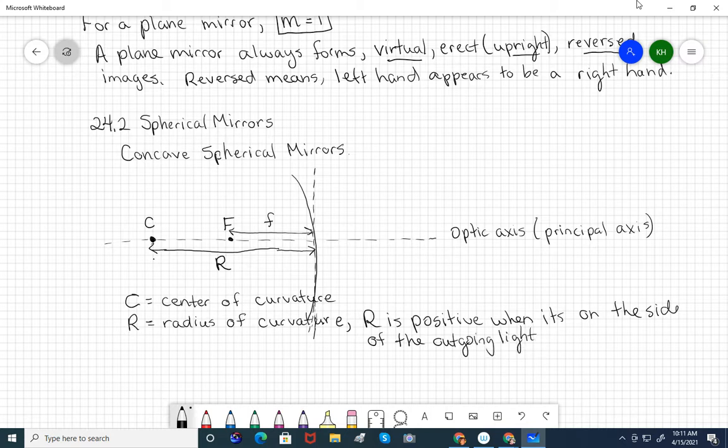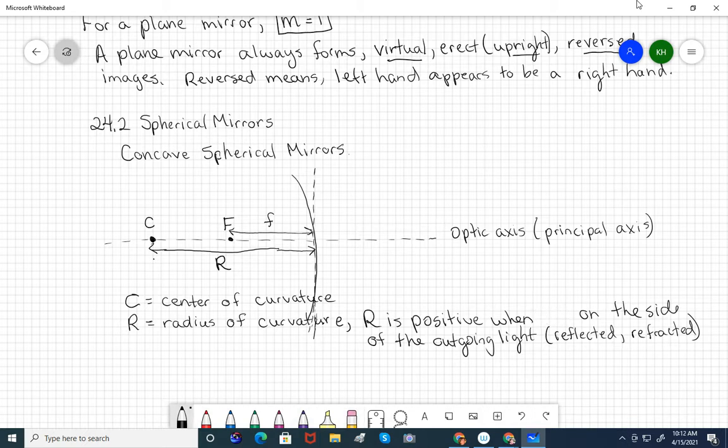For a mirror, that's going to be on the side of the reflected light. If we're talking about lenses, it would be refracted, because with lenses we're interested in light passing through the lens. But when it's on the side of the outgoing light, R is positive. Oh, and I should be more clear than that.